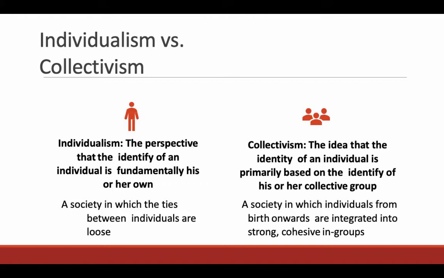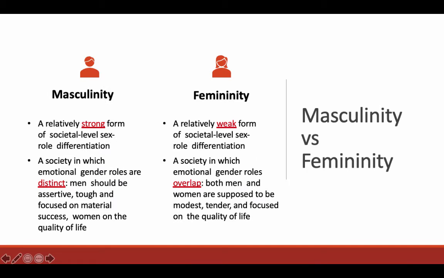Collectivism is more about what's best for the group, the collective group. It's a society in which individuals from birth onward are integrated into a very cohesive in-group, so people work more as a collective. We definitely are an individualistic culture, and not all countries are like that.